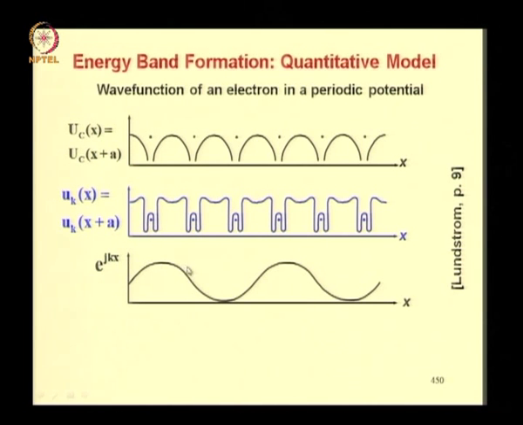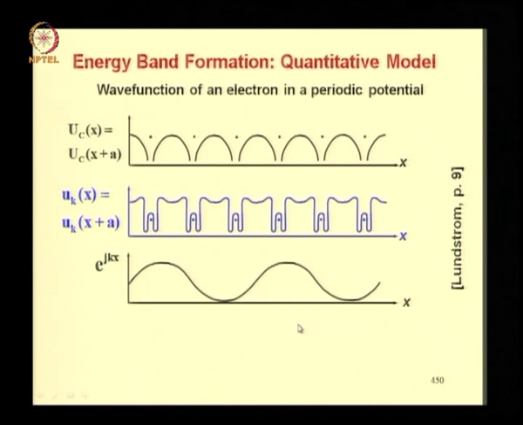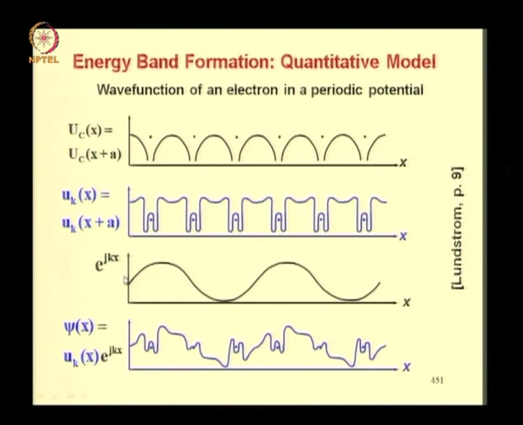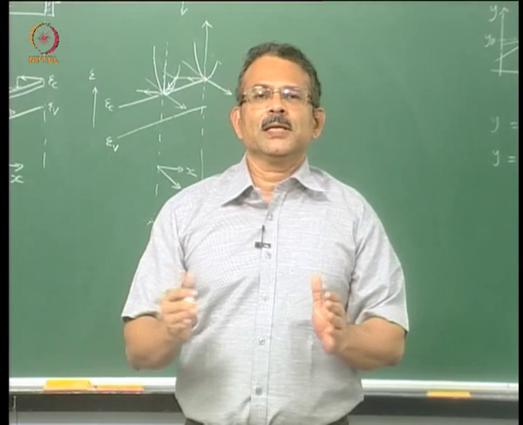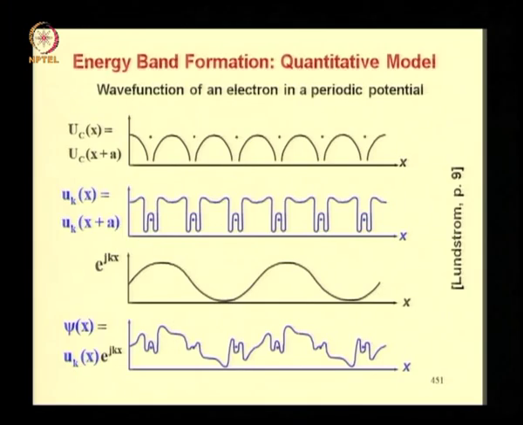And this is the complex exponential. We can take either real or imaginary part, and the wave function is obtained by multiplying this e^(jkx) with the modulating function u_k(x). When you multiply these two, you get a function like this. So you see the wave function of an electron in a periodic crystal potential is fairly complex.